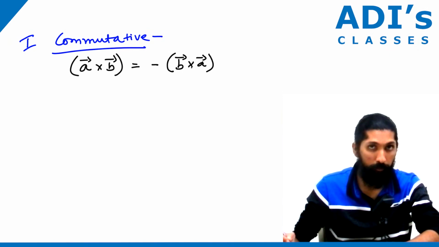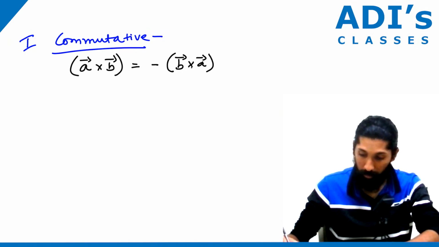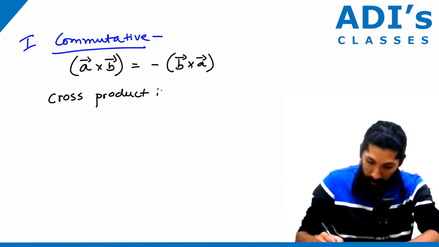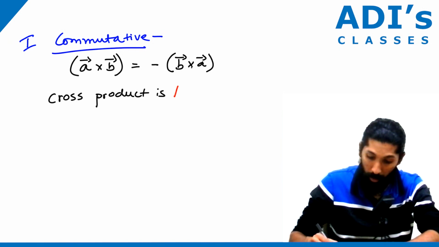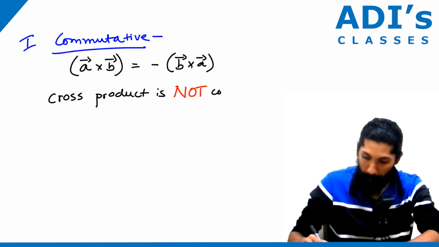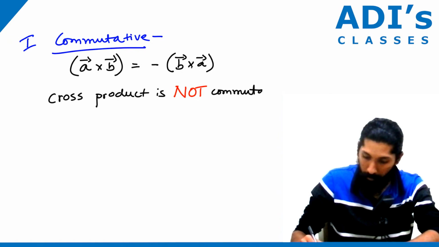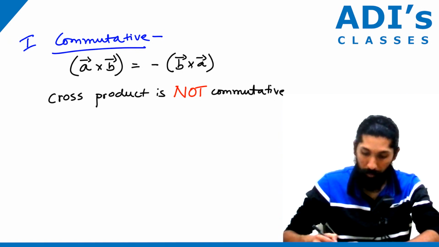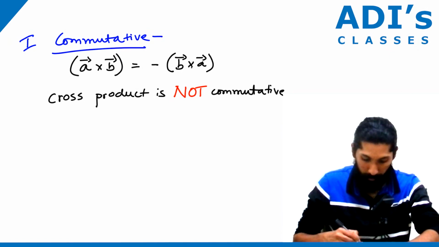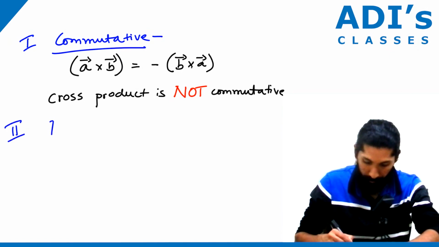Let me be very specific. The cross product is not commutative. This is a very, very important point. The second one we are going to look at is distributive.